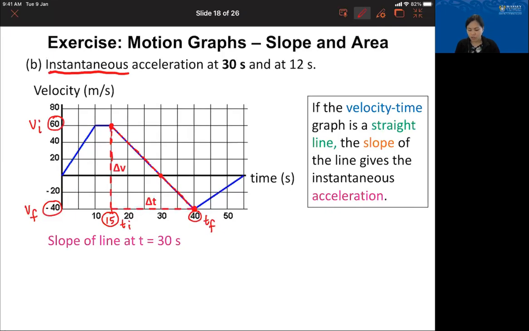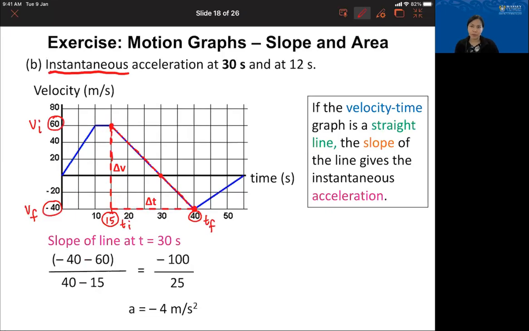So you have there your change in velocity, final velocity minus initial velocity, and you have here the run, the change in time. So we find the change in velocity divided by the change in time. Be careful here now. Your final time is this point here at a later time.